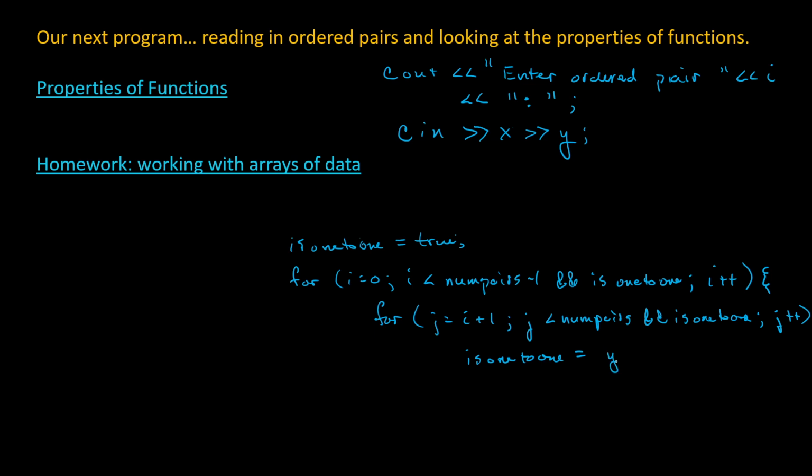So is y i equal y j. If they're equal, I want to set it equal to false. Right? So if they're equal to each other, I want 1 to 1 to be false.